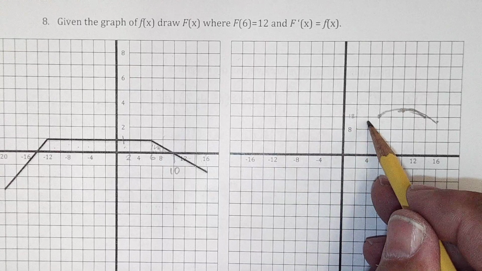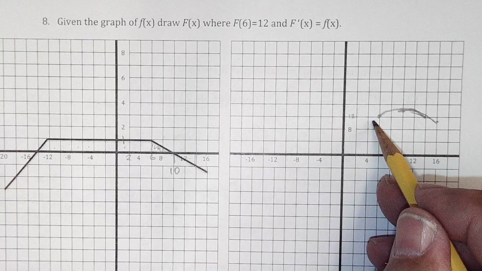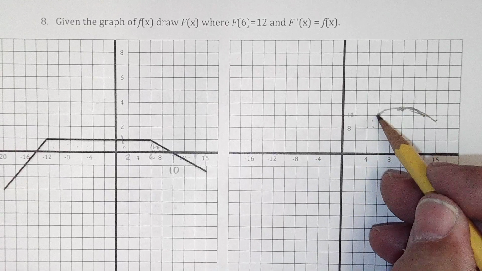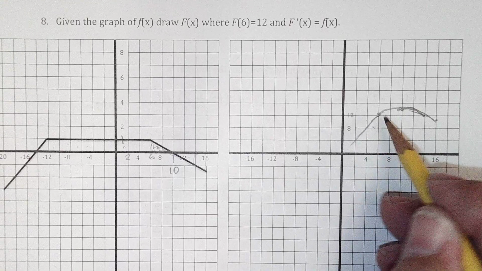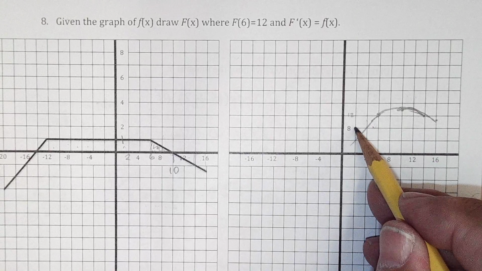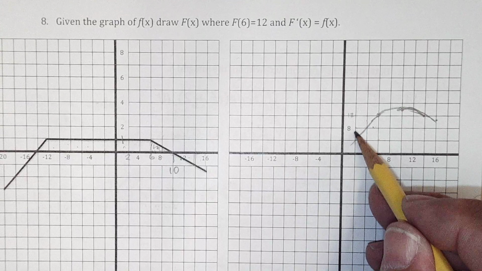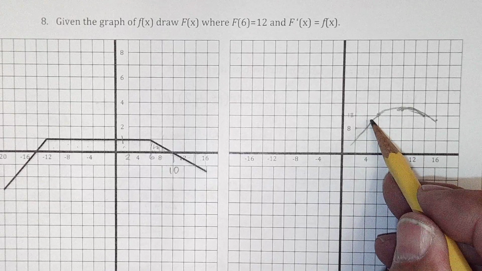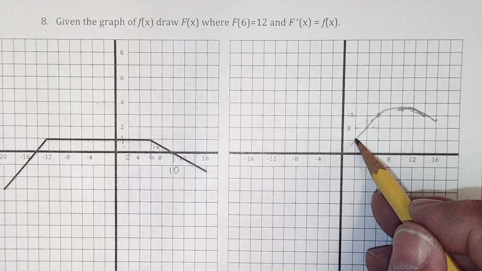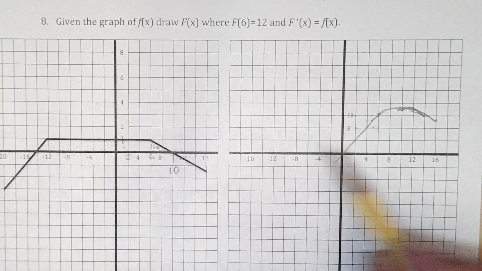So 2 up is a 10. And over 1, so I'm about there. And it's continuing here. This is up 2 for 1. Up 4 for 2. 2 for 1. So it would go like this, clear back to minus 12.